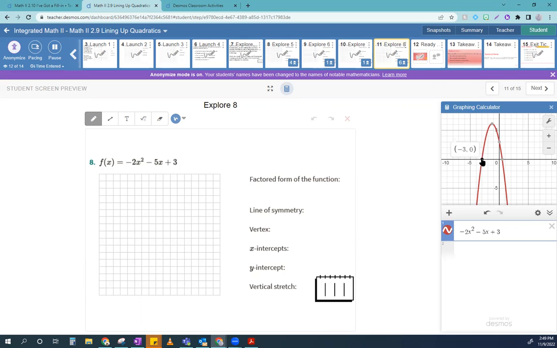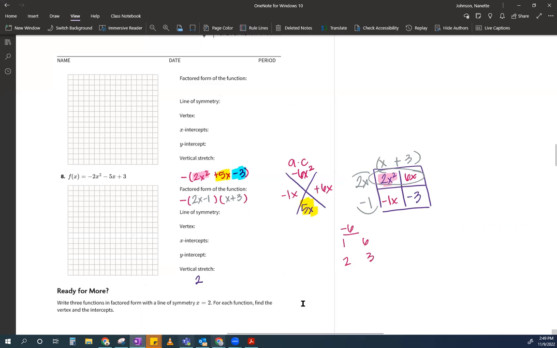Because one of our factors was negative 3, right? That makes sense. This one is 1/2. So wait, what, Ms. Johnson? So one of them was 1/2 comma 0. And the other one was negative 3 comma 0.